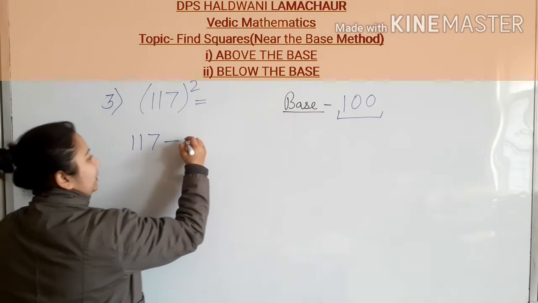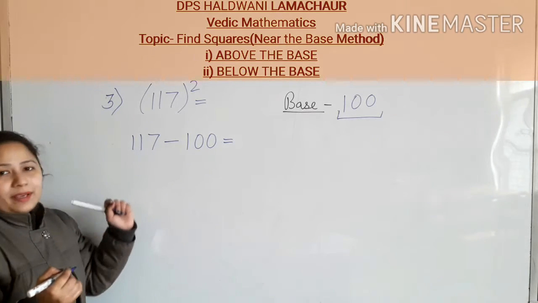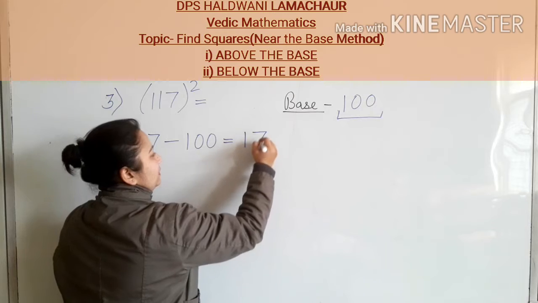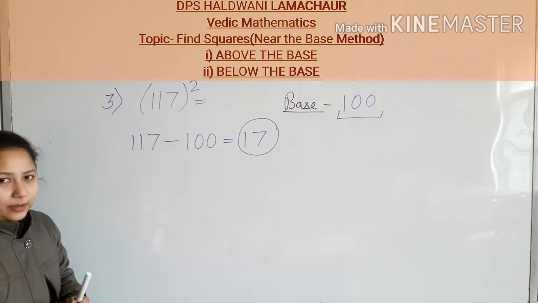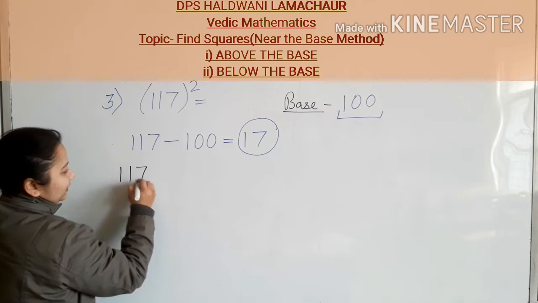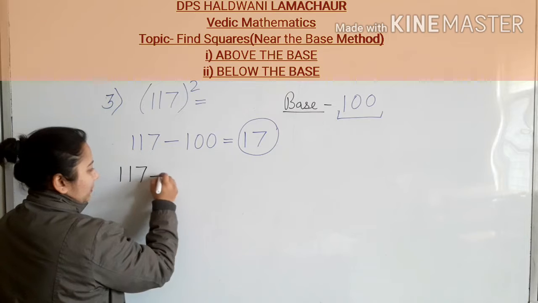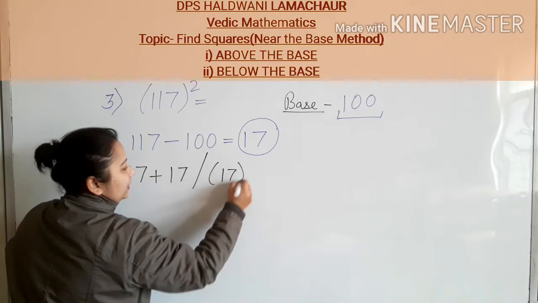Now 117 minus 100 is 17. This is your number. Now take your number 117, add this number, plus 17, slash, 17 square.